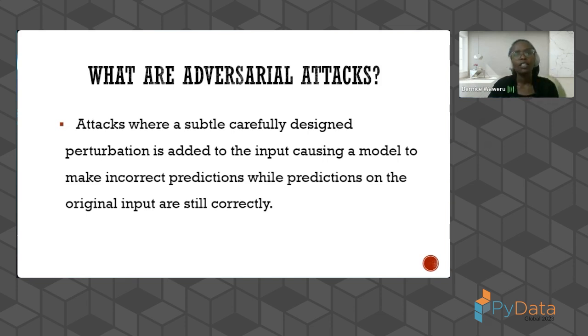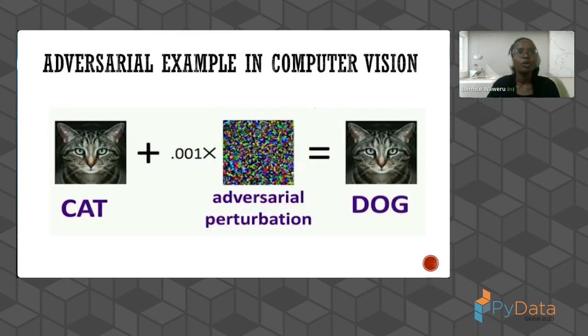Let us first go through an example of an adversarial attack in computer vision for simplicity so that we can move to an example in the LLM space. In this example, the classifier can classify the input image as a cat with high confidence, and it would be indeed correct. Then when we add some noise to the input image, the classifier predicts that the image is a dog.